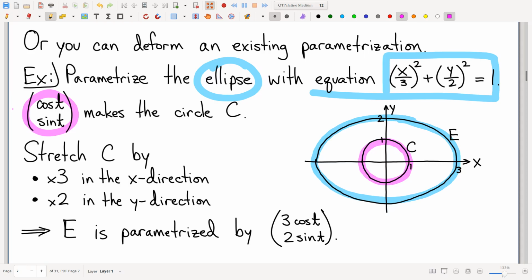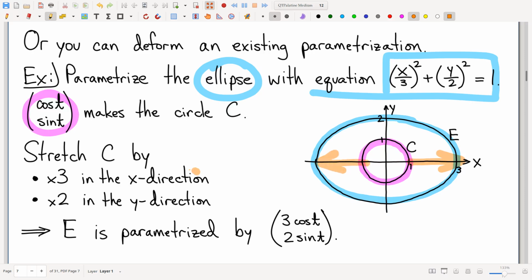Right? That's, again, the first parameterization we saw. Second part of the geometric appeal: ellipses result from stretching circles. So, you look at this ellipse, you look at this circle, it would seem that I need to stretch in the x direction by a factor of 3.